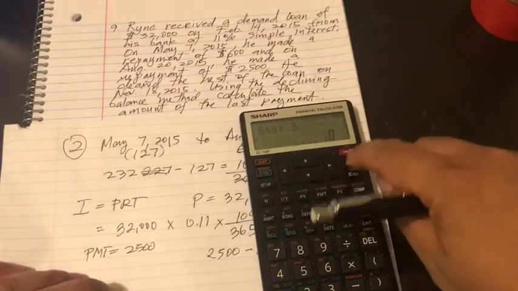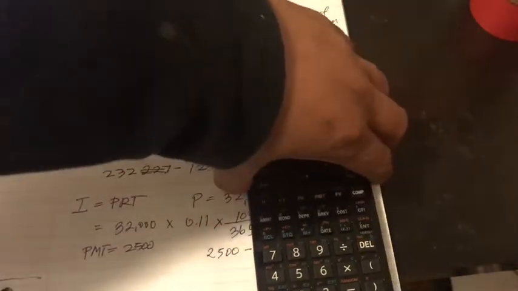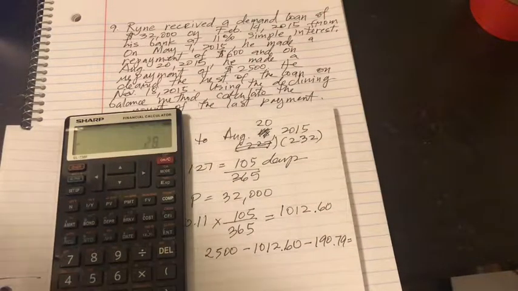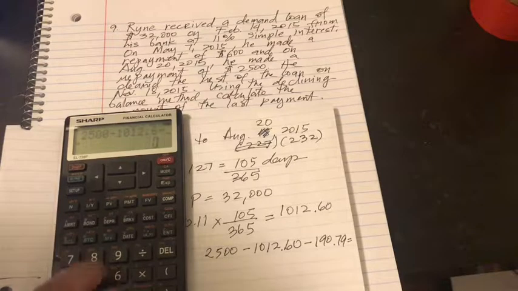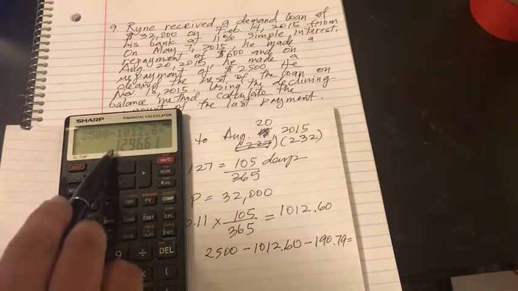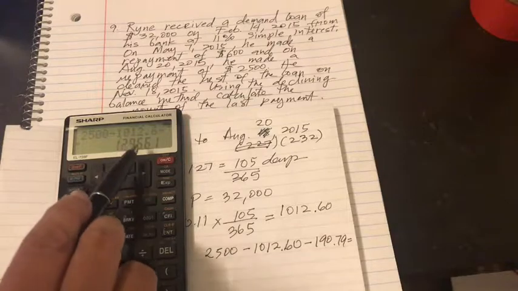I'm going to move this over here so you can see. You get 2,500 minus 112.60 minus 190.79 to get 1,296.61.